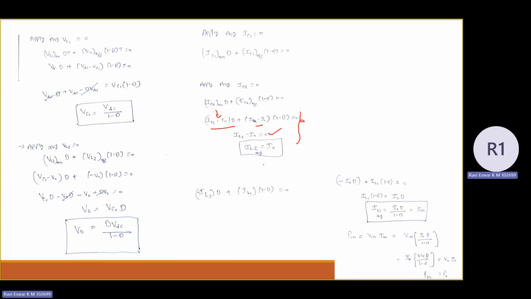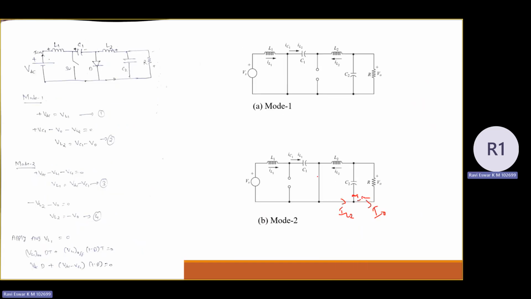From this, the average inductor current is equal to load current. So from the equation itself, we are saying the average current through capacitor is equal to 0. Then definitely the average inductor current becomes output current. So the average inductor current IL2 equal to I naught.